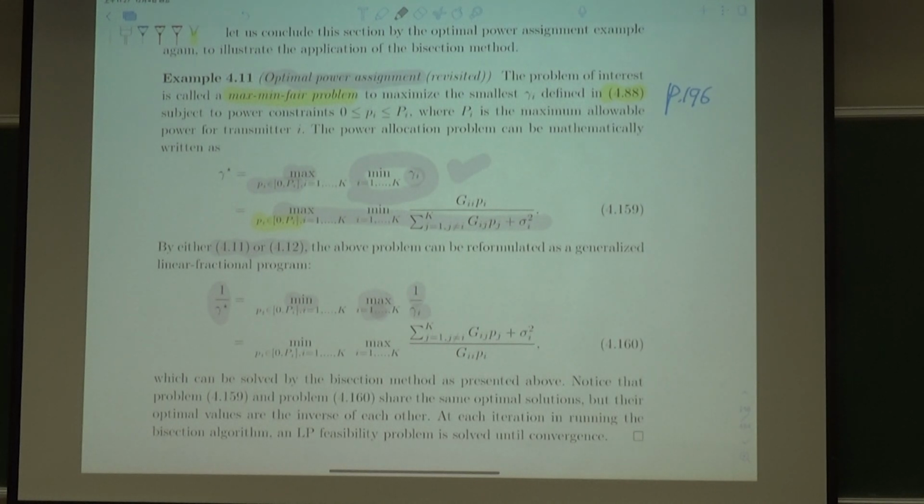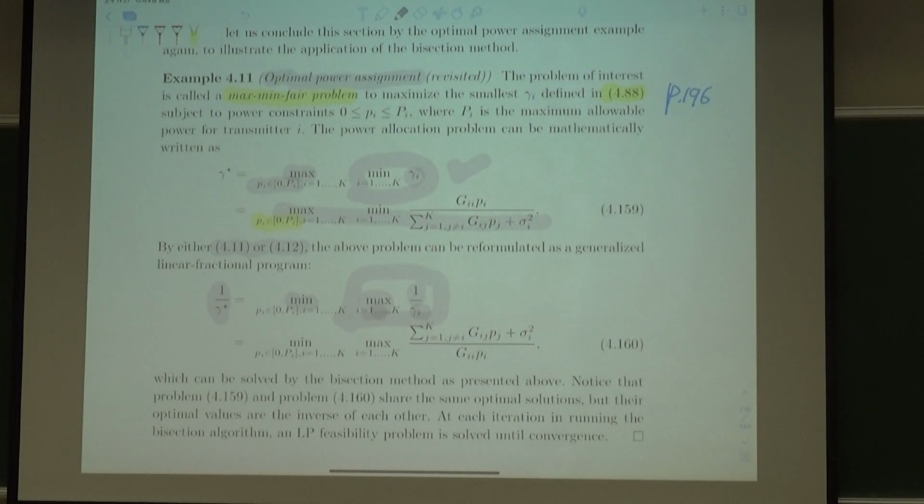Now you can practice after the lecture, and you can prove it yourself. But now your objective function is the maximum over i from 1 to K of 1 over gamma_i.